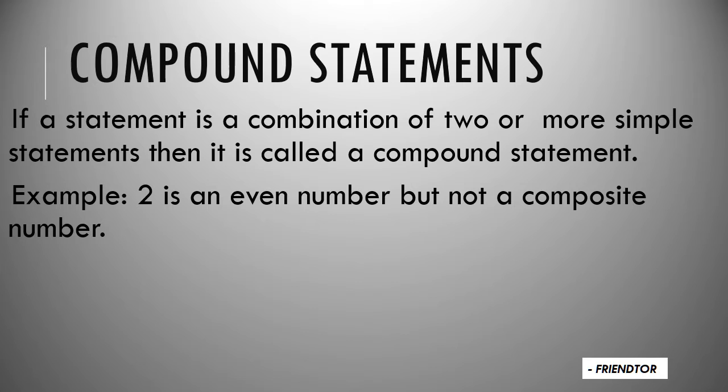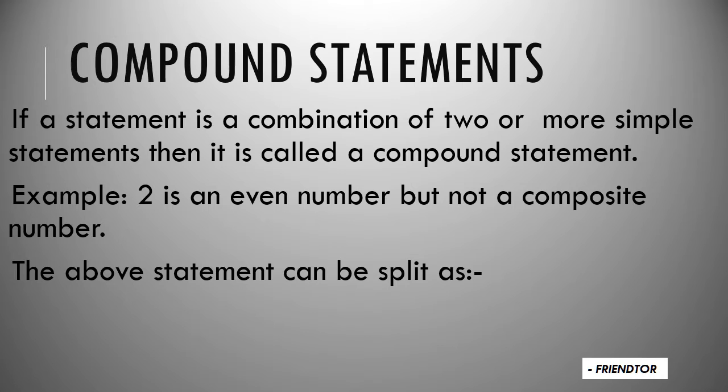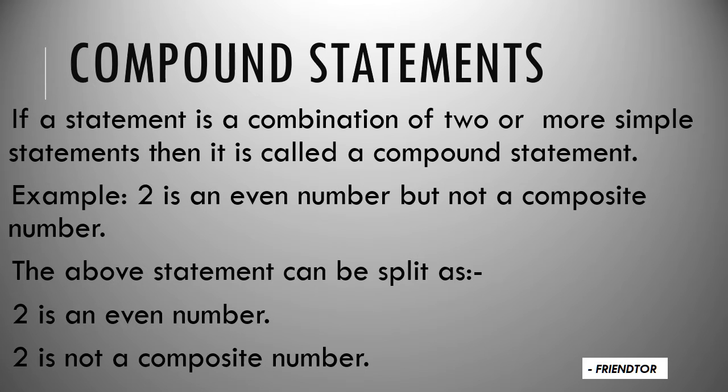Okay, now if you read the statement, I can split this into two statements, or you can observe that this statement is a combination of two statements. That is, first is 2 is an even number, and then the statement is 2 is not a composite number. Now if you join these two, you will get the compound statement which is in the example. Okay. So compound statement means just a combination of two or more simple statements.